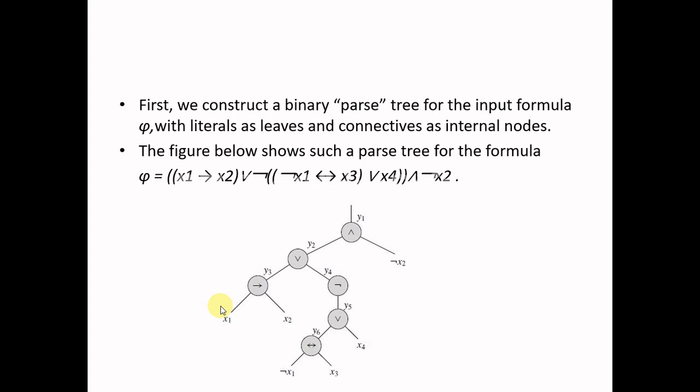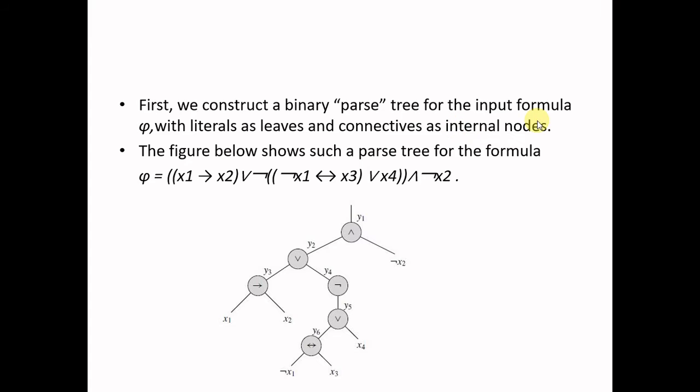The first step is similar to what we do for circuit SAT reducible to SAT. We construct a binary parse tree for the input formula phi, with literals as leaves and connectives as internal nodes.